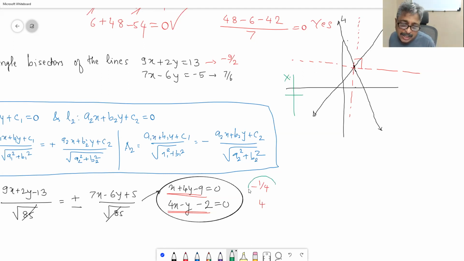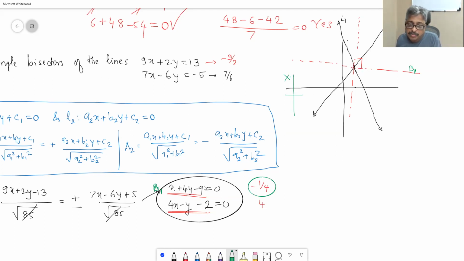Now we come to know that the first bisector that we have written here, let us call it B1, bisector number 1, has negative slope, and therefore geometrically I can say that this is B1. Otherwise there is a confusion. Which one is B1 and which one is B2? Bisector 1, bisector 2. So the fastest method of identifying which bisector is which is to sketch a little to scale and identify.